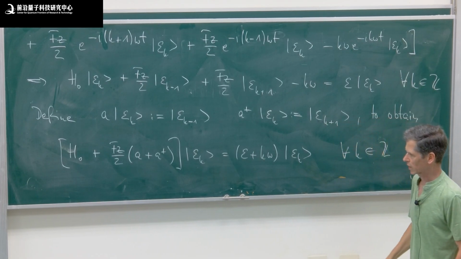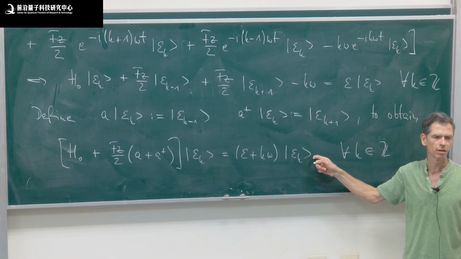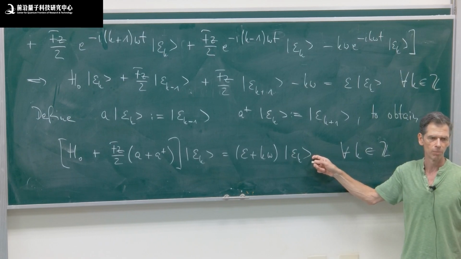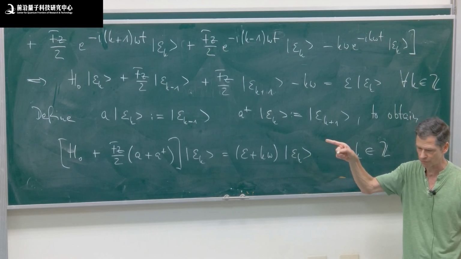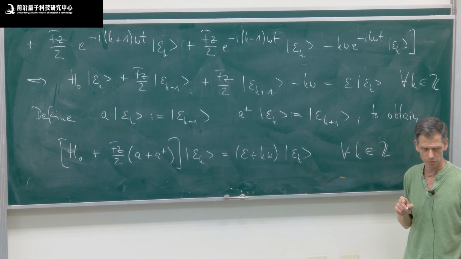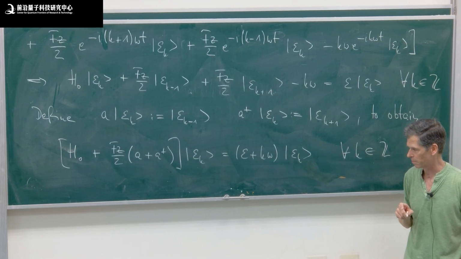Yeah, and this is now the explicit representation of the Floquet eigenvalue equation for the specific harmonic driving which we have used in our Hamiltonian, right?